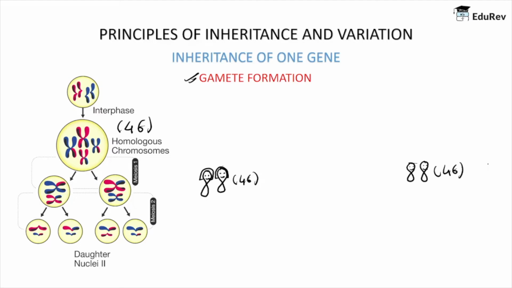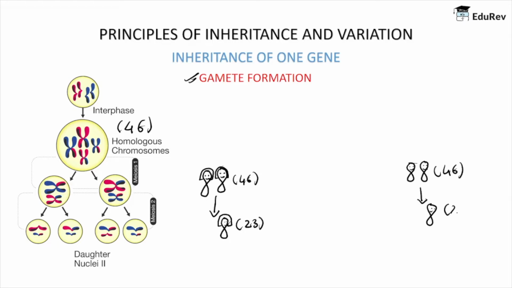Now when sexual reproduction takes place, the number always reduces both in male and female to 23, meaning it reduces to half the number of chromosomes. Half of 46 is 23.